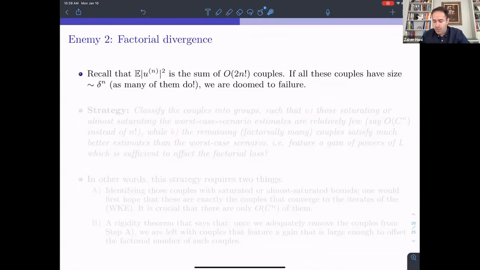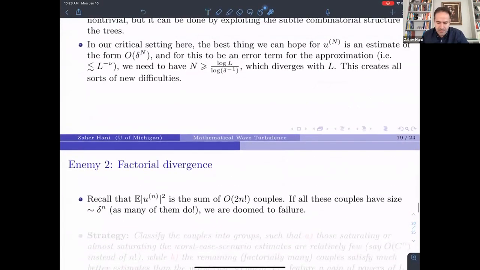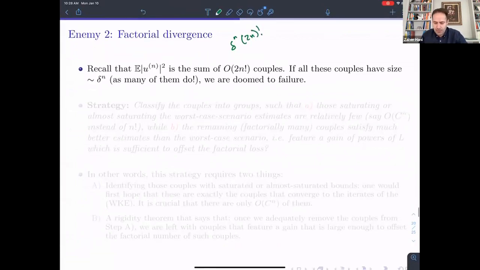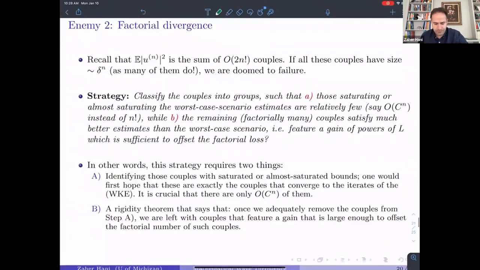And we just said that some of those couples have size delta to the n. Okay, this is what we concluded in the previous slide. But if all of them have size delta to the n, then we are doomed, because then we would have delta to the n times 2n factorial, and there's absolutely no way we can control that. So for this we need a strategy.